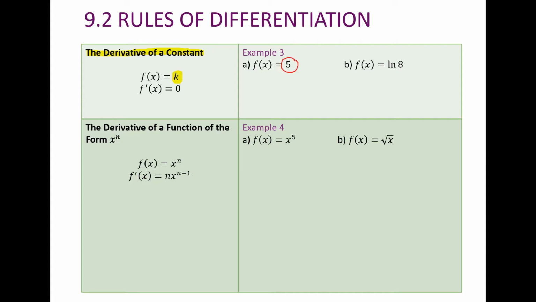So 5 is a constant, hence f'(x) is equal to 0. Let's try again. We have f(x) equal to ln 8, and ln 8 is also a constant. Hence, f'(x) will give you 0.